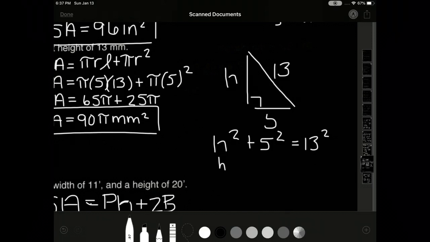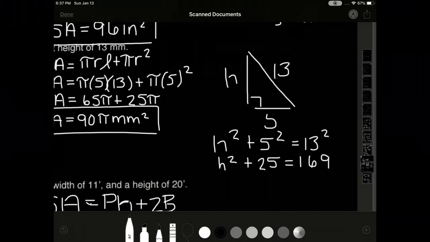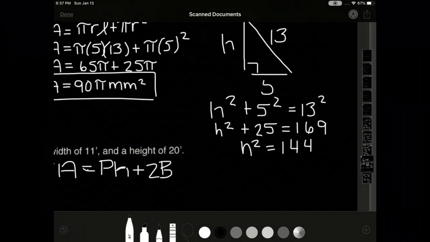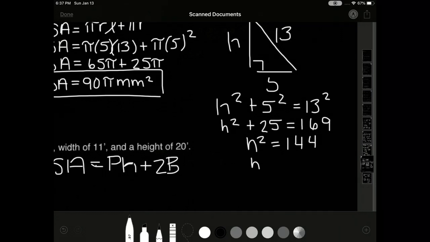So h squared plus 25 equals 169. When we subtract 25, h squared equals 144. And then the square root of 144 is just 12.